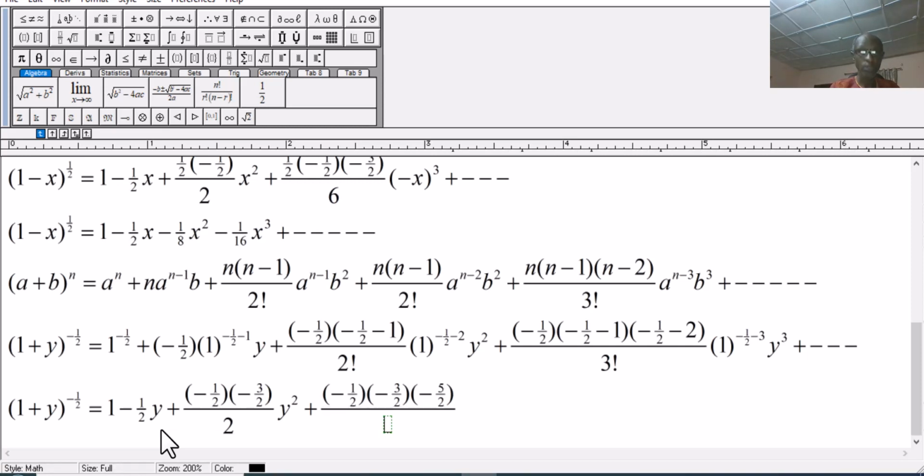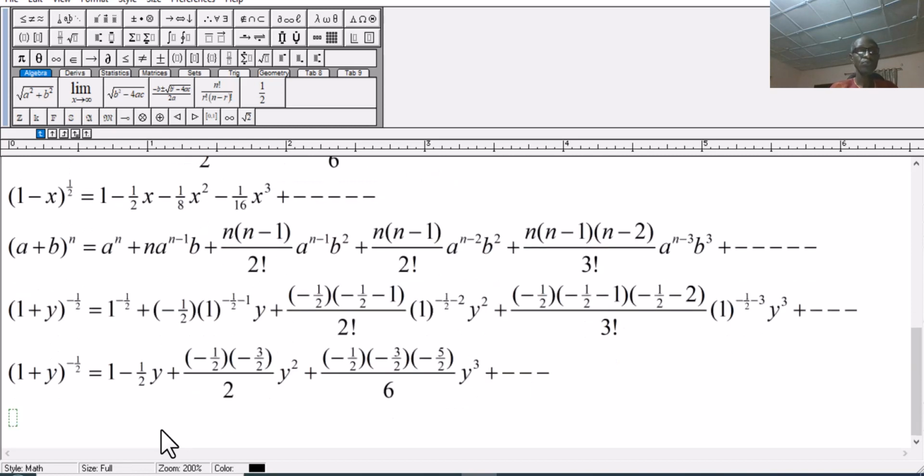So 1/6, then y cubed plus dot dot dot. So here all the 1 has disappeared. We are no longer writing 1 because 1 to any power will always give you 1. So just ignore that.